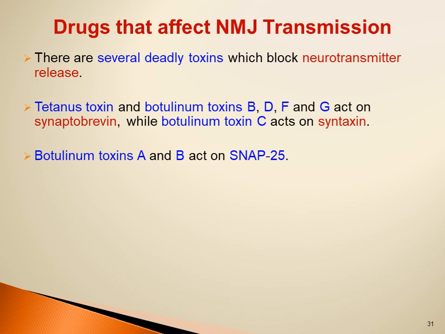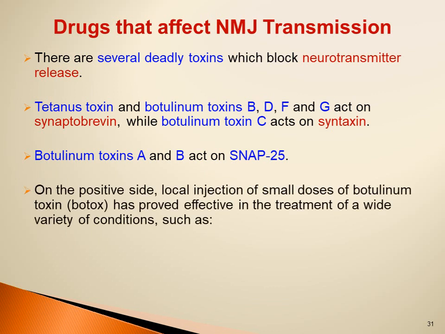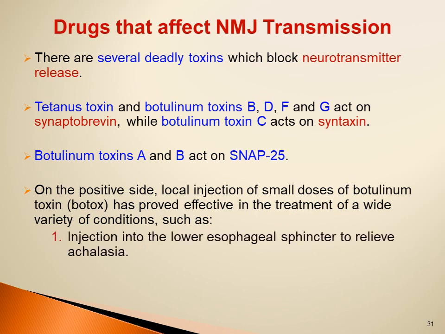synaptic cleft. There is one positive side of these toxins, where local injection of small doses of botulinum toxin, which is Botox, has proved effective in the treatment of a wide variety of conditions, such as the injection of Botox into the lower esophageal sphincter to relieve achalasia, to relax the sphincter and smoothen the swallowing process.